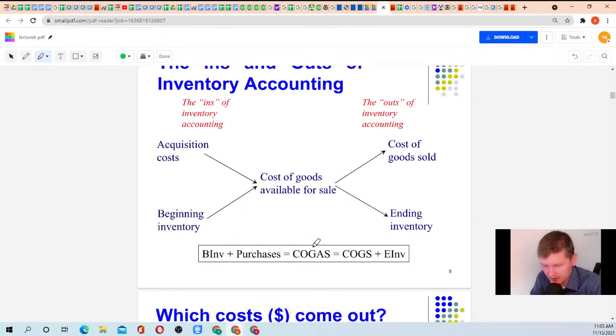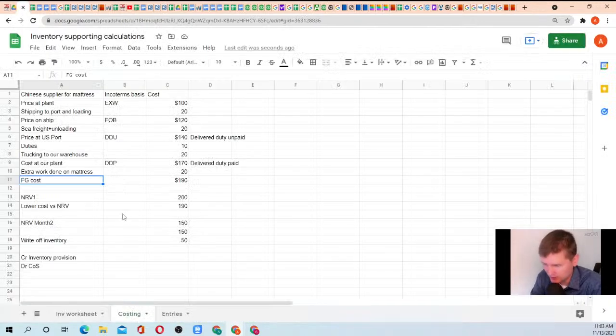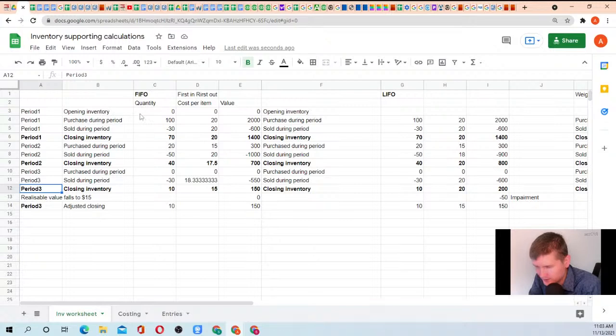And here we have kind of an inventory equation. We have some beginning inventory and some acquisition costs, and we drive all of that into cost of goods available for sale. In our example, here are our purchases, here are our sales, and we got some closing inventory, then additional purchases, additional sales, and another closing inventory.